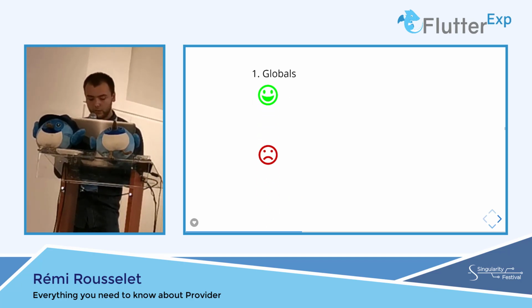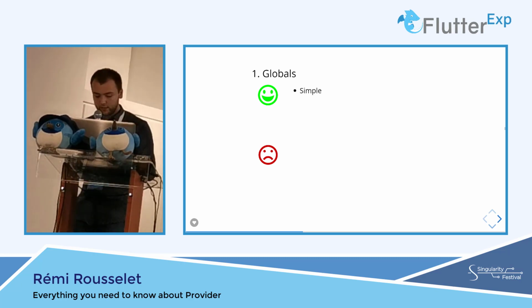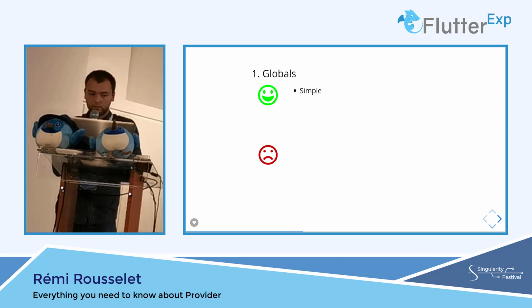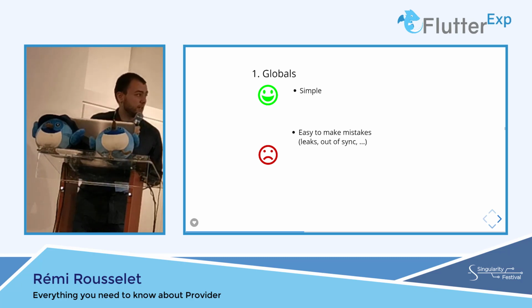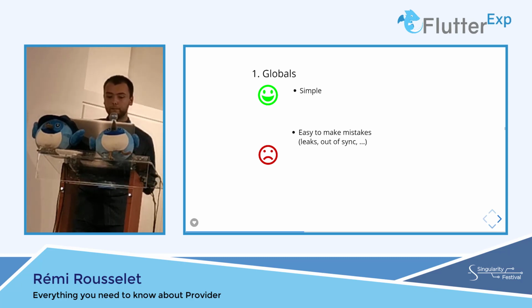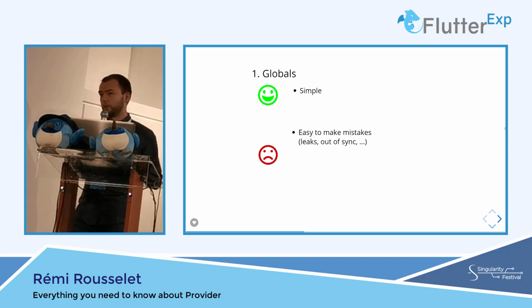So, globals. Their biggest advantage is that they're very, very simple. Basically, that's what they are at the core. But it's very, very easy to make mistakes with globals because basically you have to do everything yourself. Globals won't tell you when to create a variable, when to dispose it, when to update dependencies.